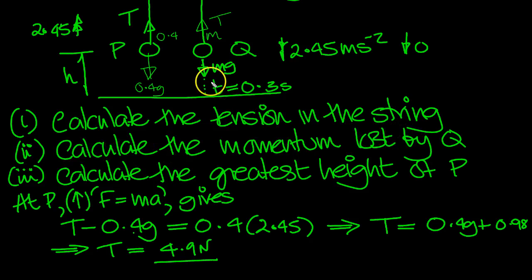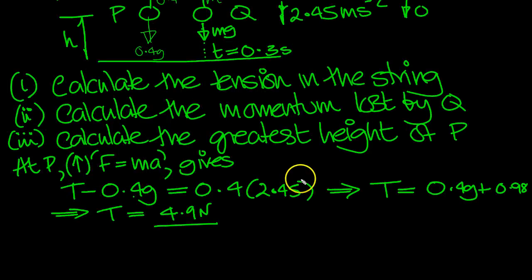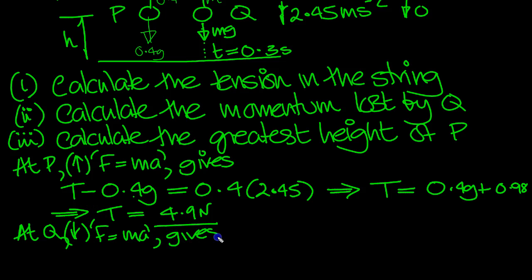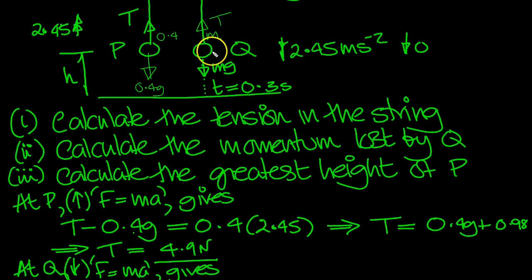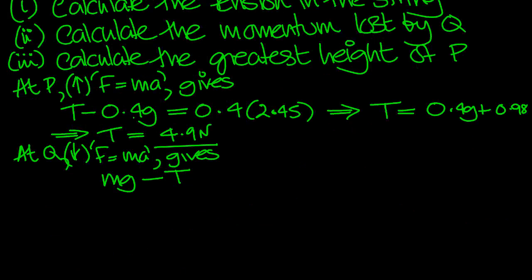Calculate the momentum lost by Q. Well, we need the mass, don't we? So let's apply Newton's law at Q then. At Q, let's apply it downwards because it's moving down. F equals ma then gives mg minus the tension in the rope, minus T, is equal to mass m times acceleration 2.45.